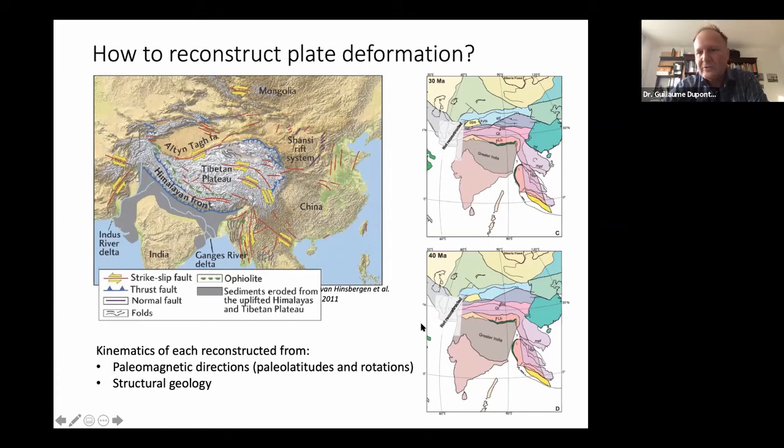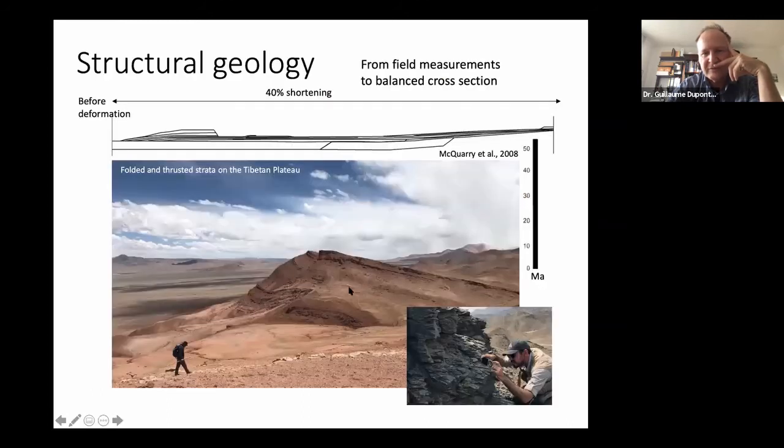This is the second option here, and this is what people refer to as structural geology. So have you heard about this structural geology? I guess the geologists must have.